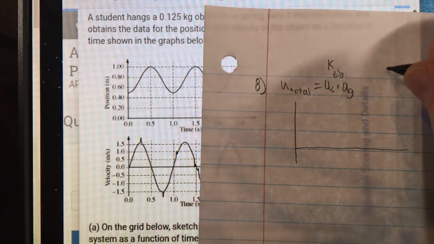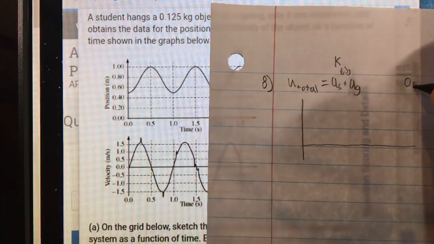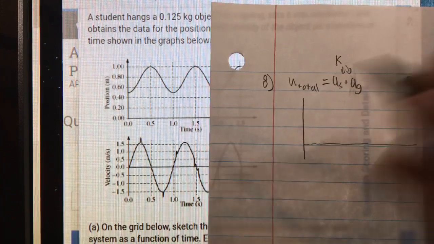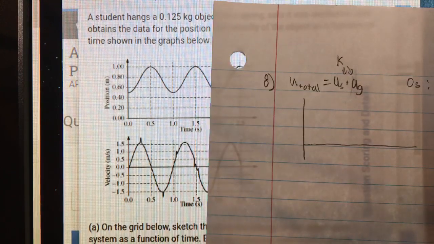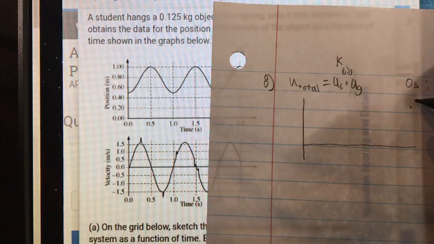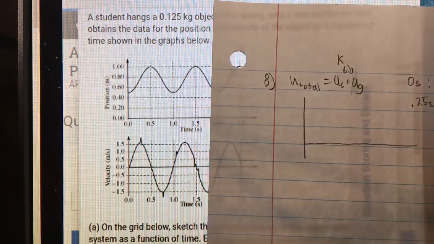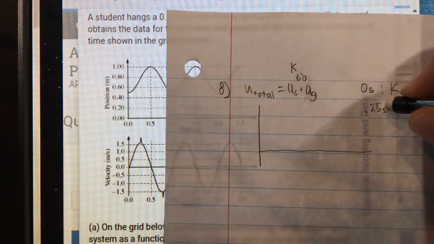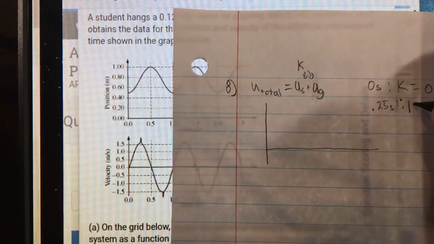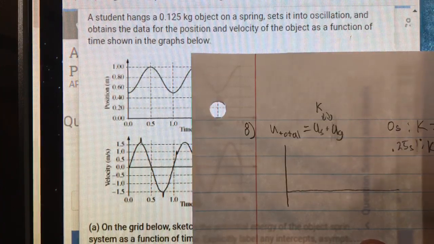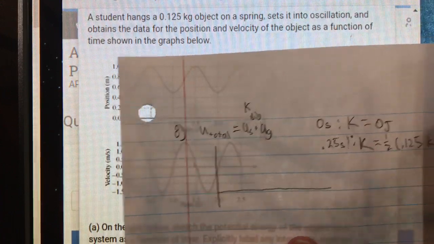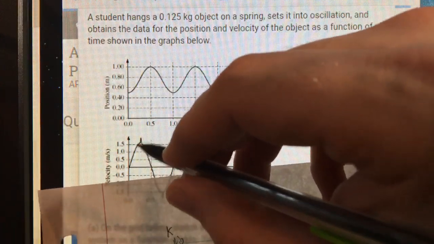So at 0 seconds, the speed is 0, so I have 0 joules of kinetic energy. Then I can look at 0.25 seconds. What is this, kinetic energy, 0.125 kilograms, so 1/2 times 0.125 kilograms times the speed at this point.